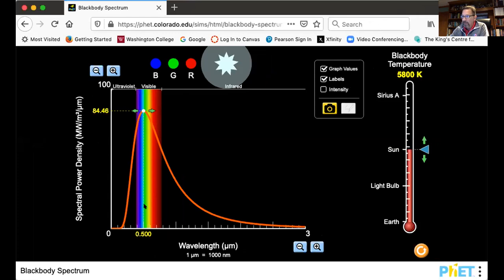So you can see right here with Planck's distribution, for the sun's temperature, which is what I've got set in here, just about 5,800 Kelvin, the curve is drawn for us. And the peak wavelength is half a micron, which is 500 nanometers. And they've shown the visible spectrum right there. So it's right smack dab in the middle of our visible spectrum. And that's kind of a chicken and the egg sort of thing.